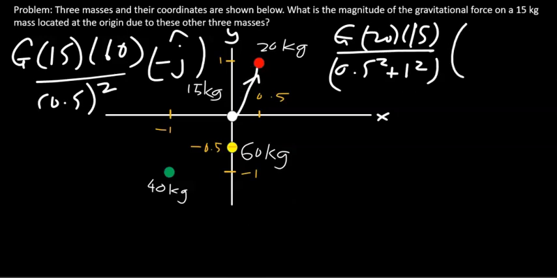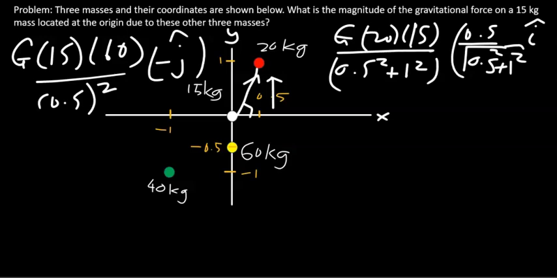The force has an x component and a y component. So the x component is the magnitude times the cosine of this angle. The cosine of that angle is 0.5 over the diagonal distance. The diagonal distance is the square root of 0.5 squared plus 1 squared. And it's in the direction of positive i hat.